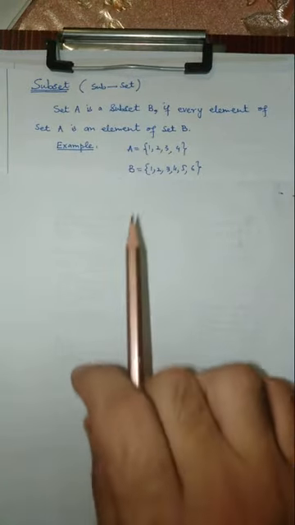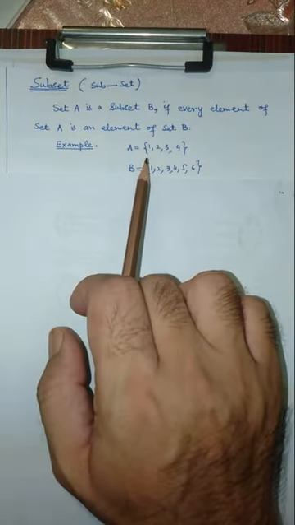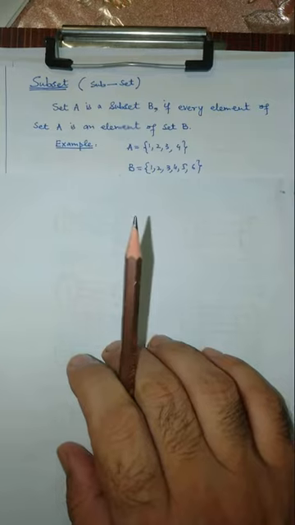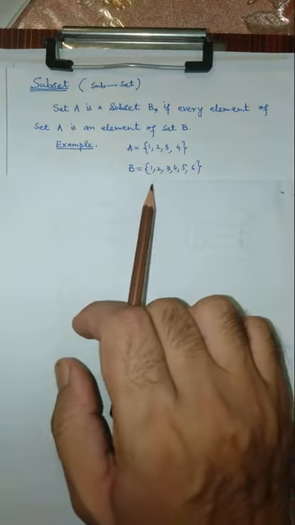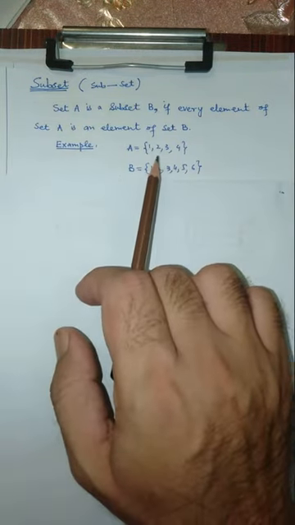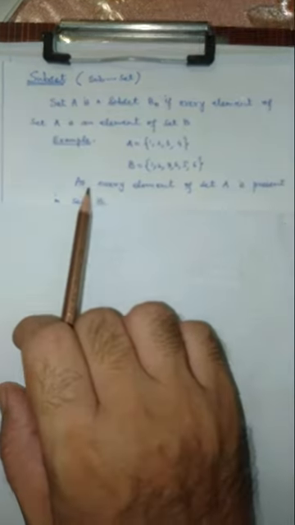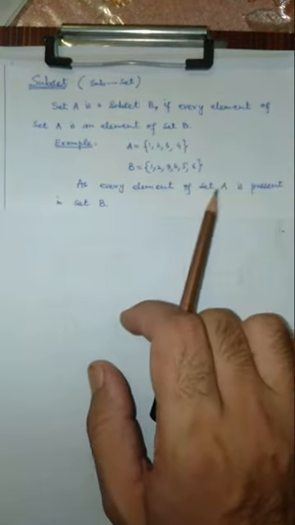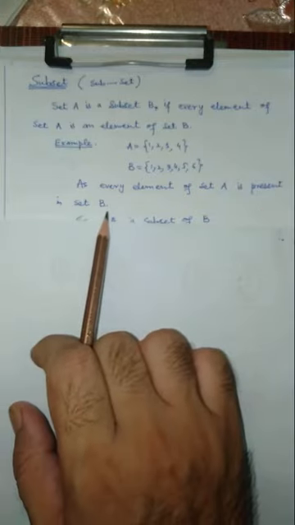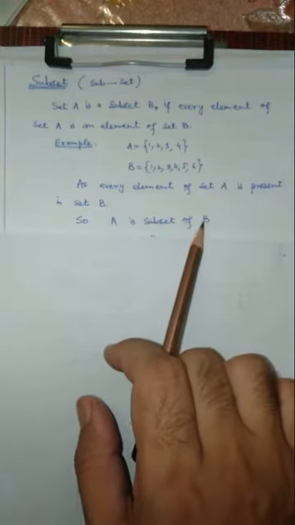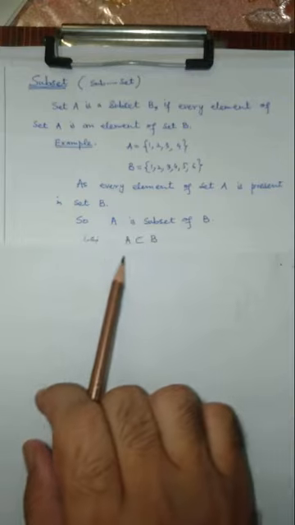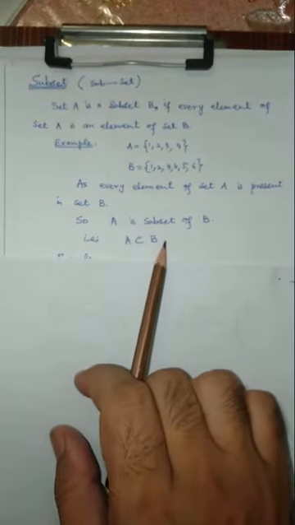Now we see all the elements of set A are present in set B. So A is a subset of B, and it is denoted as A subset of B.